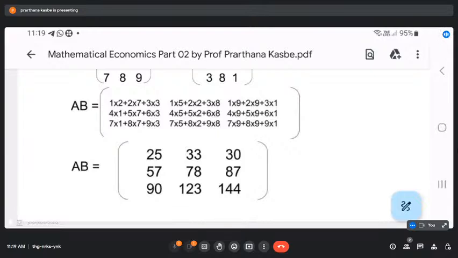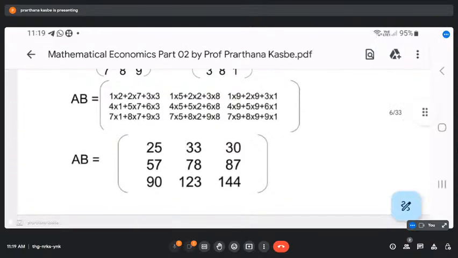Then 5 ones are 5 plus 2 into 2 4 plus 8 3s are 24, that is 33. 9 into 1 1, 2 into 9 that is 18 plus 3 into 1 is 3, addition is 30. So next also 4 into 1 4 plus 7 into 5 35 plus 6 into 3 18, addition is 57.